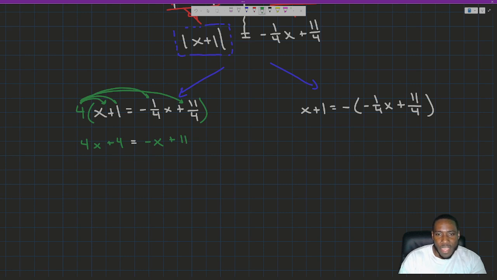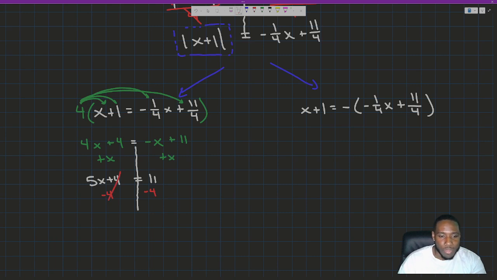Okay? If I want to continue solving from here, the next thing I would do is add x to both sides. I would end up with 5x plus 4 is equal to 11. I would subtract 4 from both sides.